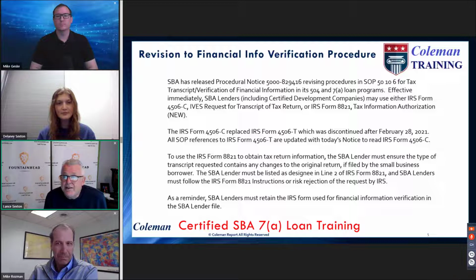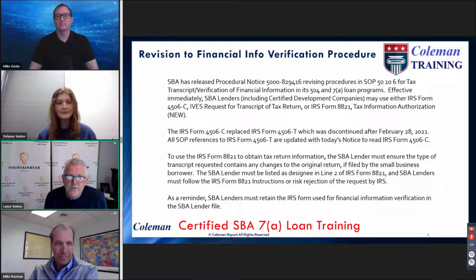You know how the IRS is. If you get one thing wrong on one of the tax transcript forms, they reject it and send it back to you. So make sure you look the form over, read the instructions, complete it fully before submitting it to the IRS. But I think this is a good thing.